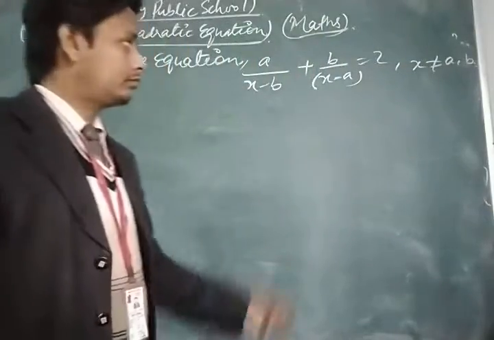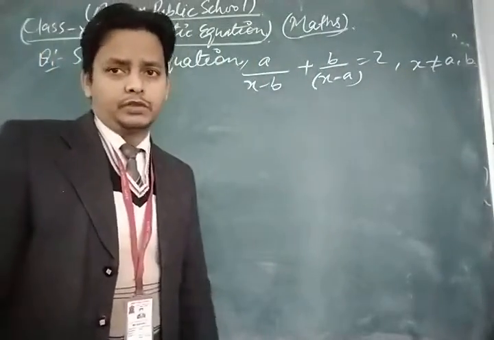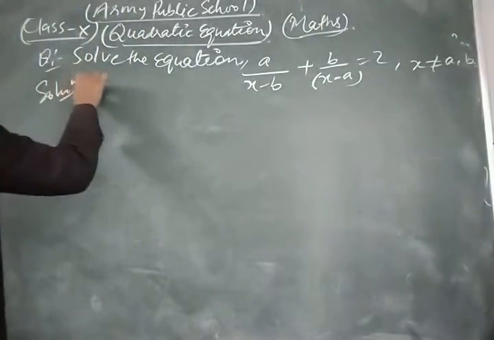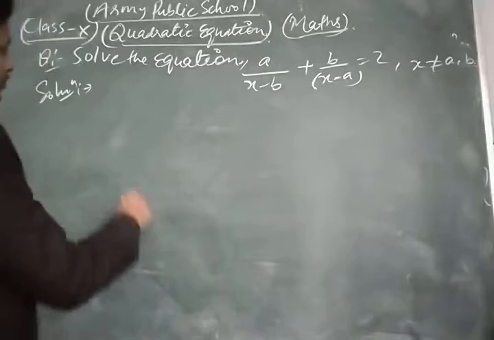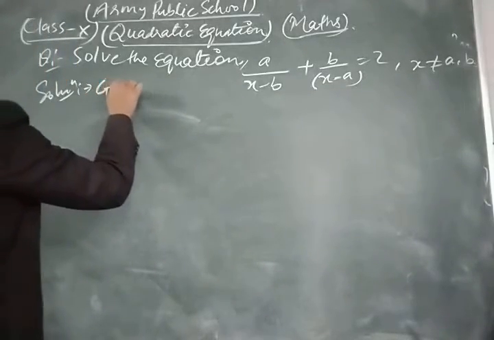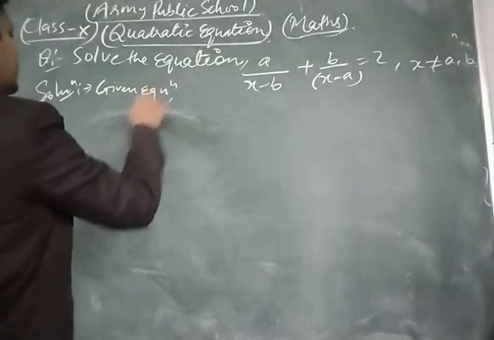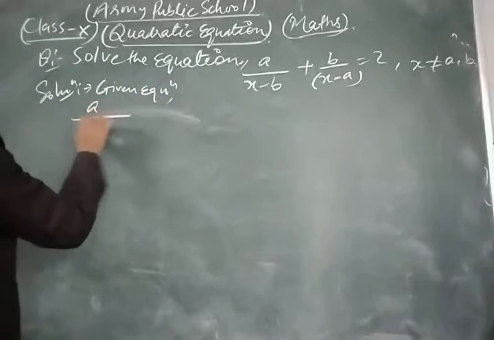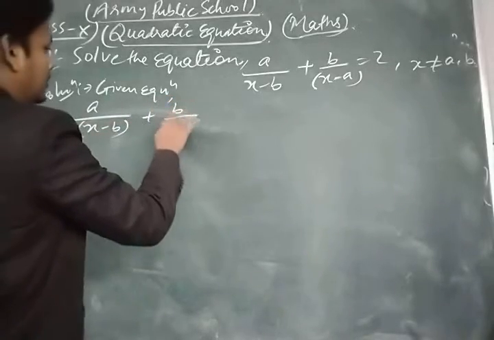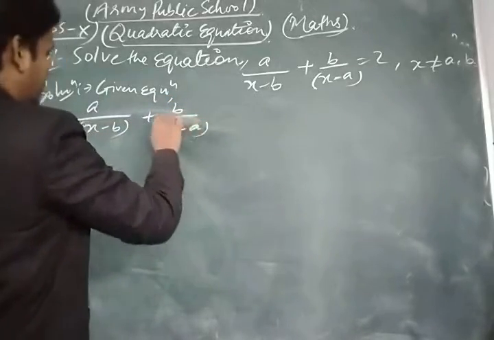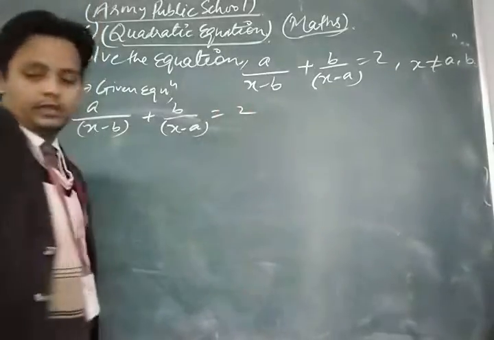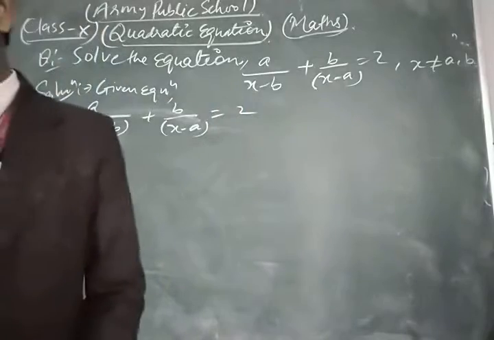Okay, now look, we are solving the given equation. So let's see its solution. First of all, we write the given equation, that is a upon x minus b plus b upon x minus a is equal to 2.